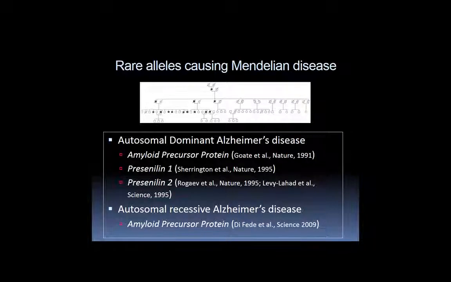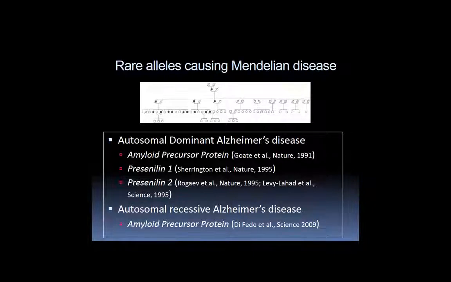The problem was the assumption was wrong. There are at least 3 genes, and so all those papers that said amyloid is not the gene were looking at families that actually carry mutations in other genes that I'll mention in a minute. They didn't actually show any linkage to chromosome 21, and so obviously they didn't have a mutation in APP that was causing the disease.